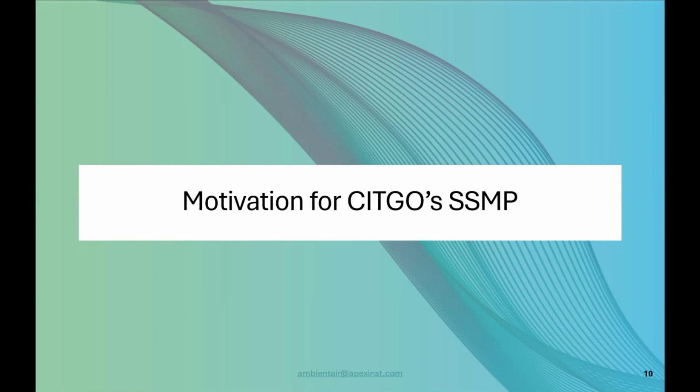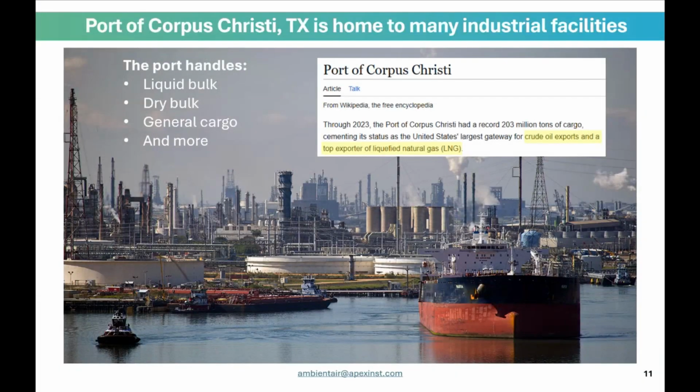Now that we've covered a little bit of the regulatory space pertaining to this case study, I'll discuss what motivated CITGO to develop and implement their SSMP. CITGO's West Plant Refinery is situated along the banks of the Port of Corpus Christi in Texas, and this port is known for its heavy industrial activity. I actually had the chance to visit this port last fall and got a tour up and down the port and saw the numerous petrochemical facilities, refineries, storage tanks, asphalt manufacturers, all types of activities going on.